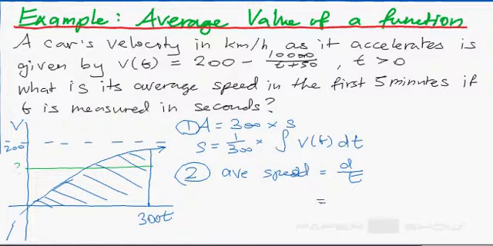Distance is obviously the integral of v of t dt. Oh, I should put terminals on my integral: 0 to 300. And divide by time. How long is the time period? 300 seconds. 1 on 300. So you see that using both methods, we come to the same integral, which is really good.